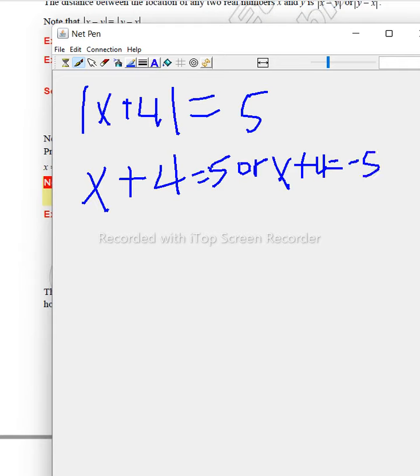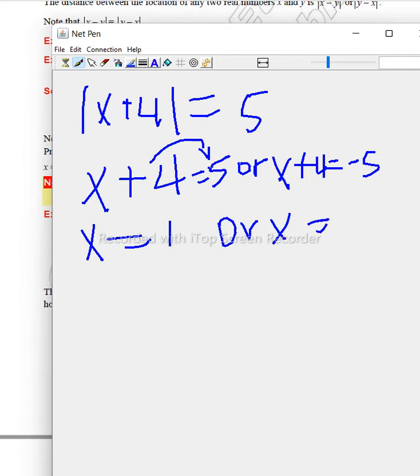Here we have x is equal to, the 4 goes to the right of the equal sign with the opposite sign, which is negative. So 5 minus 4 is equal to 1. Again, here x is equal to, this 4 goes to the right of the equation with the opposite sign.